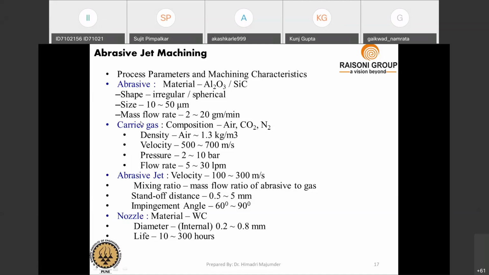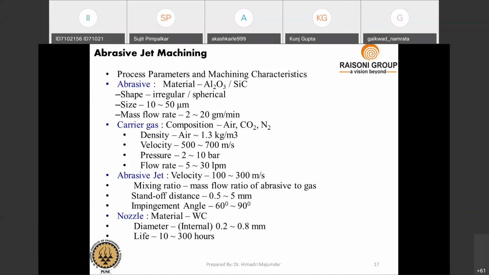Then the mass flow rate, meaning at how much feed you can keep the abrasive into the mixing chamber, is 2 to 20 gram per minute. As you all know, as a carrier gas you can use air, carbon dioxide, nitrogen, or a composition of those.